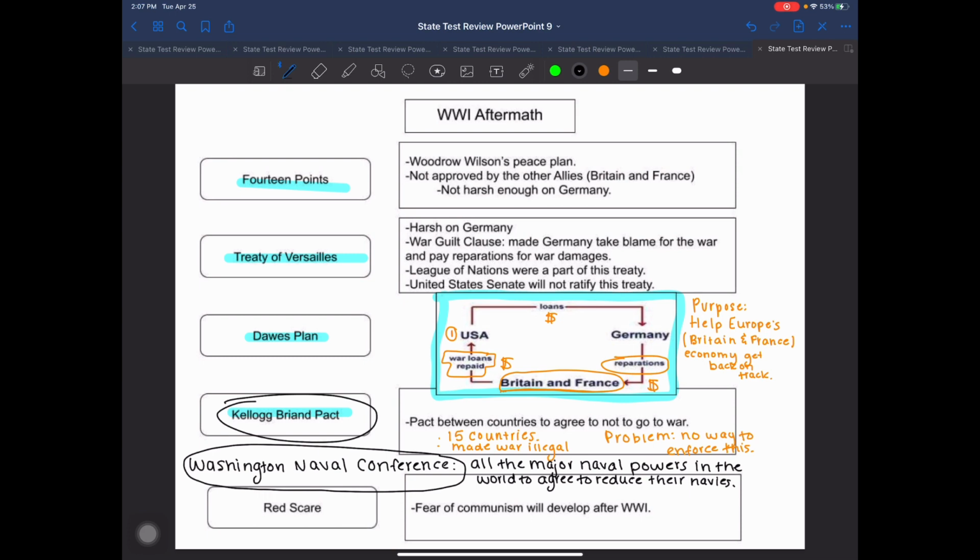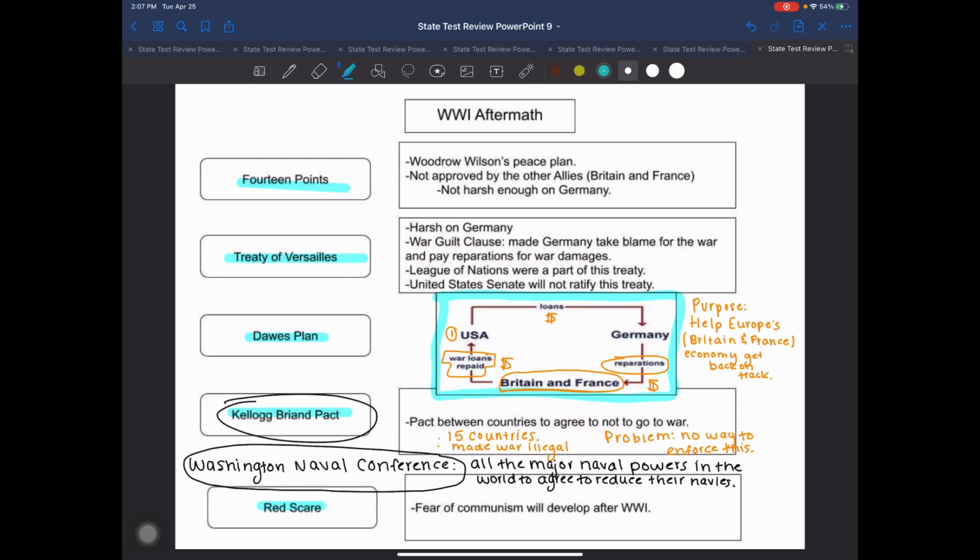The next topic I'm not going to address in detail because it's going to be more so in our next unit with the Roaring Twenties. But we actually do experience after World War One a Red Scare in the United States of America, where it's kind of just reality that a country has turned communist, and that's Russia. They've turned into the Soviet Union, led by Vladimir Lenin.